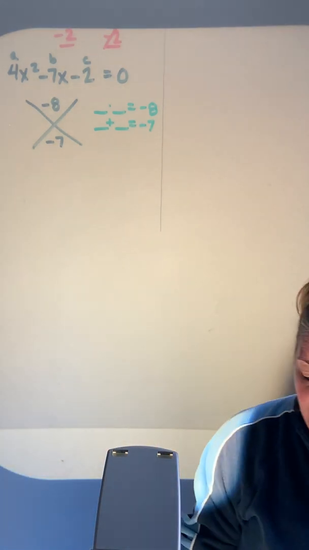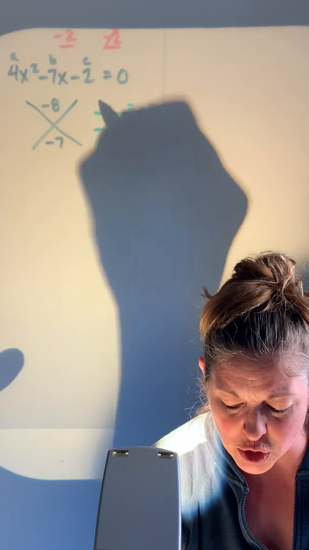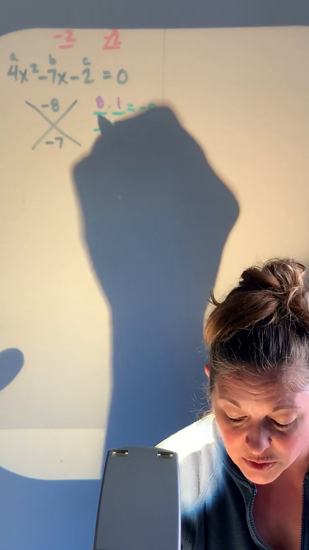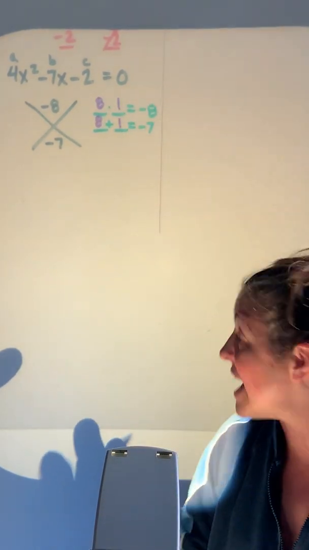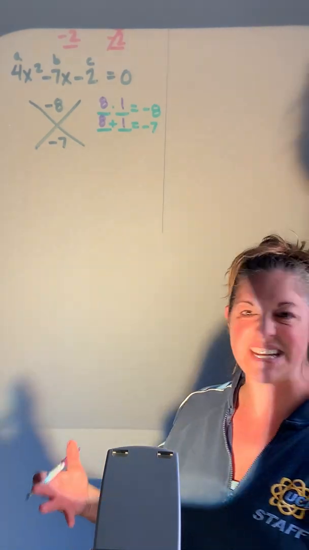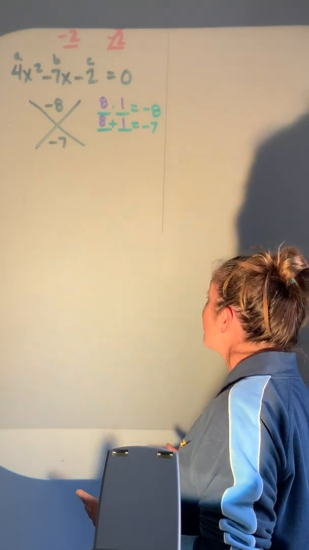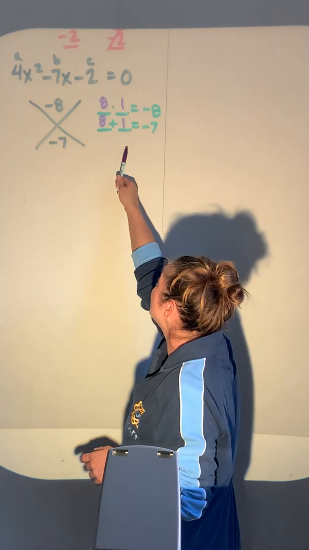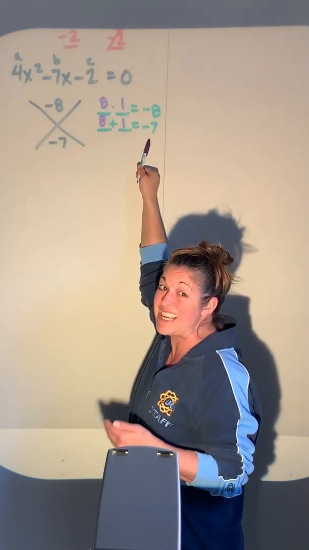Of course, now we've got to mess around with our signs to make sure we've got them correct, because we can't just leave it as +8 and +1, because that's not going to give us that -8 product. I do know that when I combine these, I want the 7 to be negative.